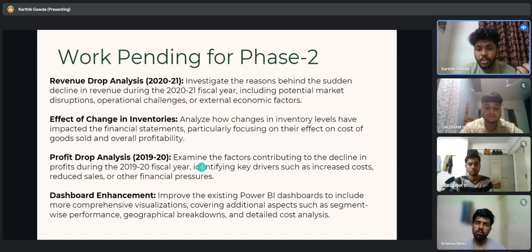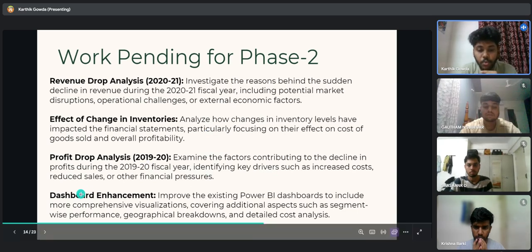We examined the factors contributing to the decline in profit during the 2019-20 financial year. The key drivers are increased costs and reduced sales. So the revenue drop in 2021 happened because of this; it is one of the key factors.